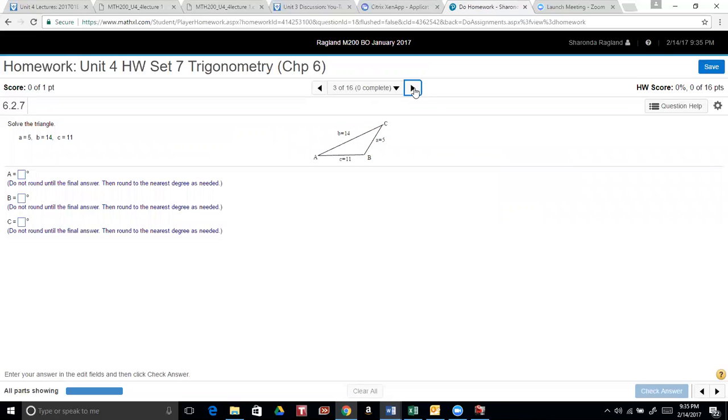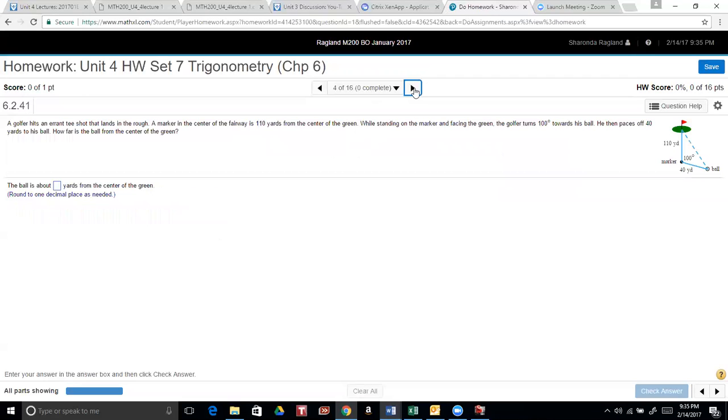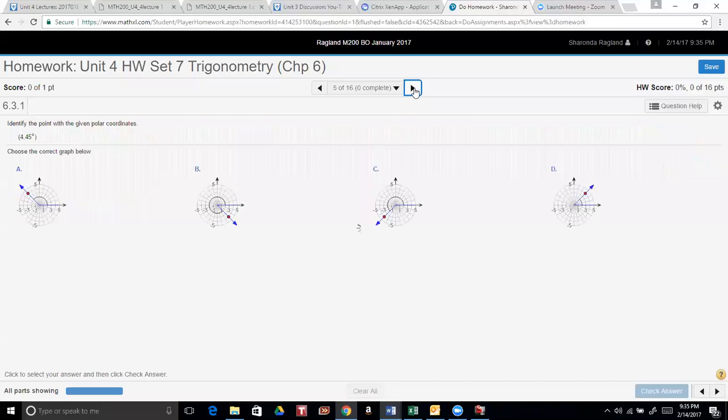I'll give you videos with examples of how to solve non-right triangles. It's not hard, it's just knowing what formula to use for your triangles. This deals with what we just did, the polar coordinates.